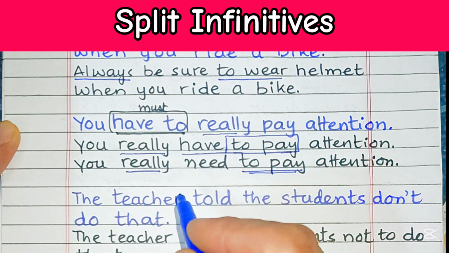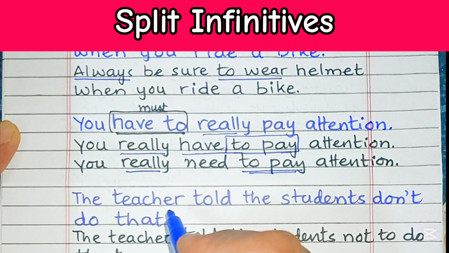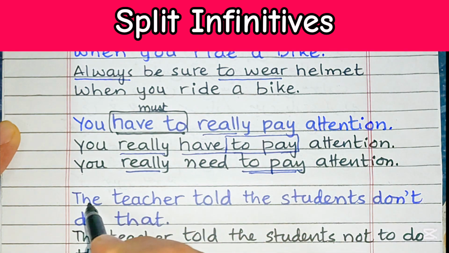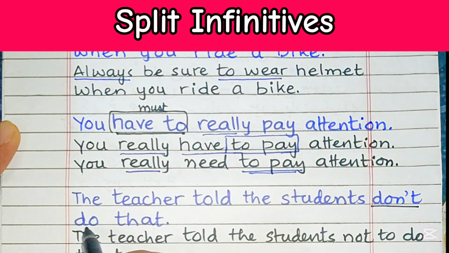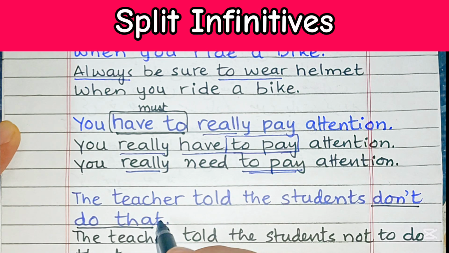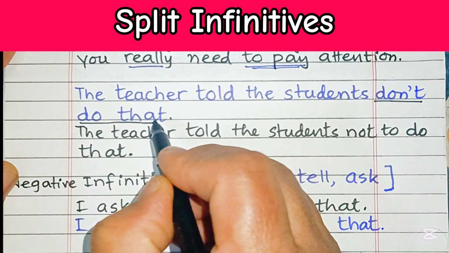Let me show you two common mistakes that are made with sentences like this. The teacher told the students, don't do that. This is a little confusing because this part, don't do that, is probably the original statement from the teacher.